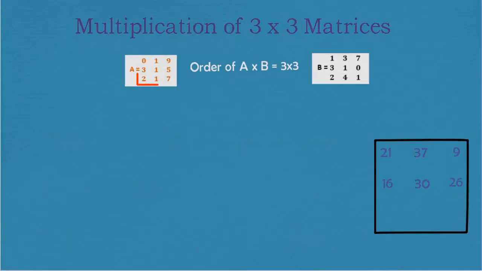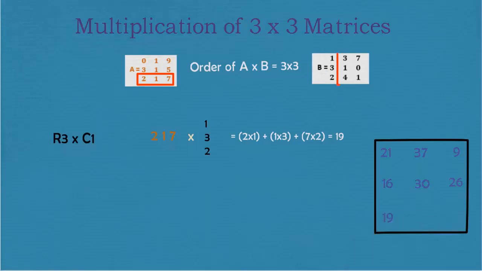Now the third row of matrix A, multiplying it by the first column, second column, and third column. Multiplying the third row by the first column, that is 2, 1, 7 multiplied by 1, 3, 2, is equal to 2 times 1 plus 1 times 3 plus 7 times 2, which is equal to 19. Its position will be 3, 1, that is third row and first column. So we put 19 at position 3, 1.